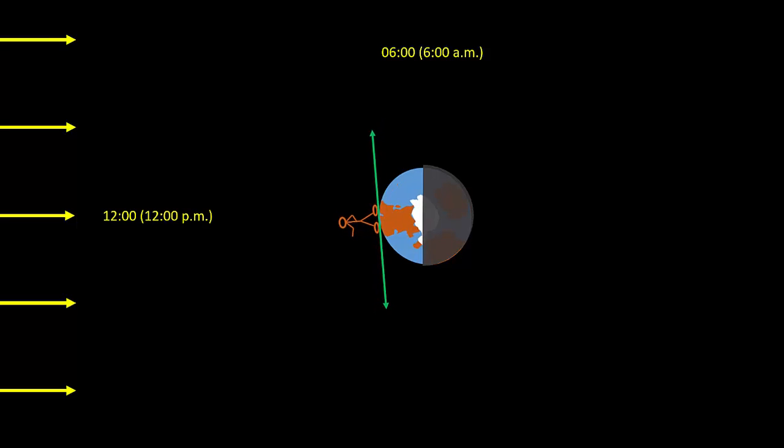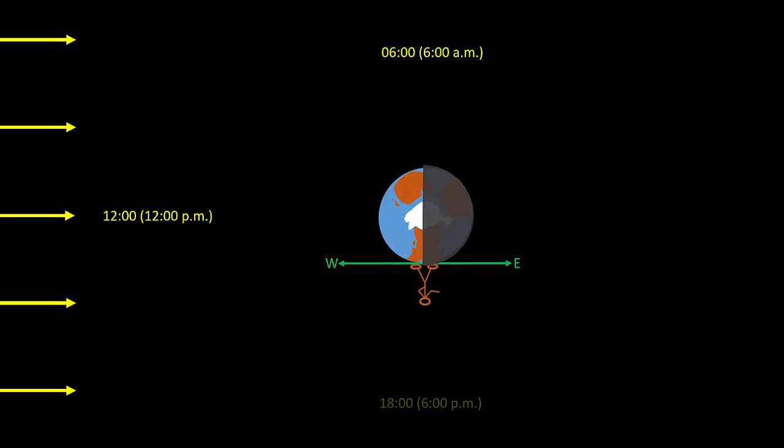Let's do another quarter rotation. Down here, they would be experiencing sunset, which for someone standing on the equator like this person is, would happen just about 6 p.m. or 1800 hours. We're building a clock.